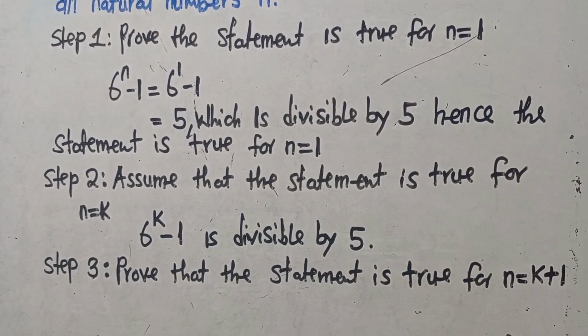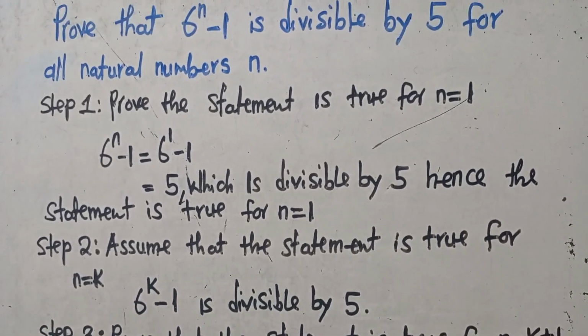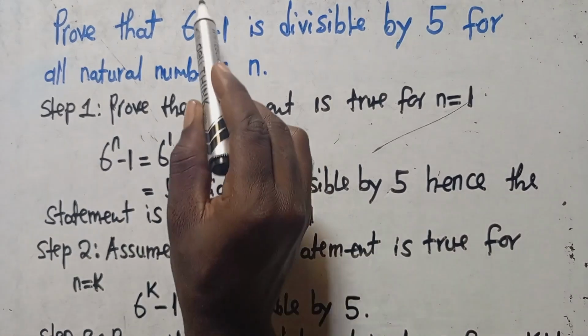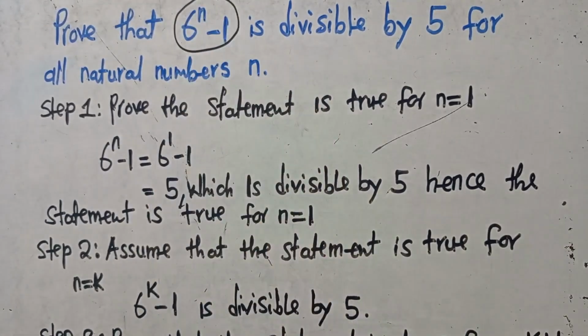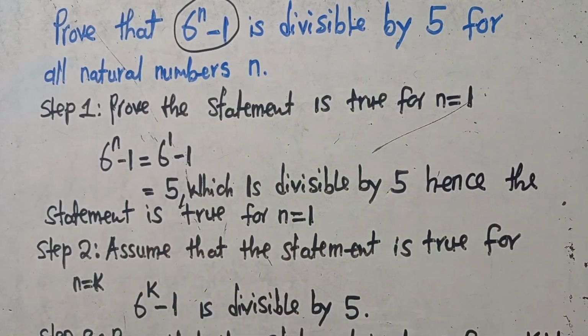This is what you need to do. This is to tell you that where there is n, you shall put k plus 1. So we are referring to this statement that we are looking at. Where there is n there, I put k plus 1.